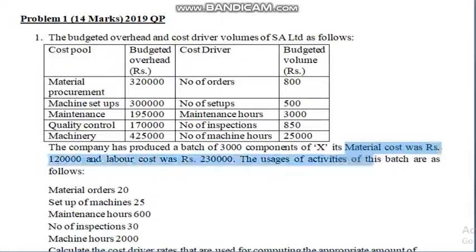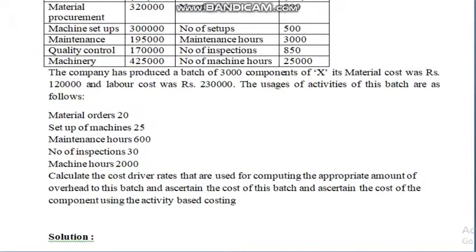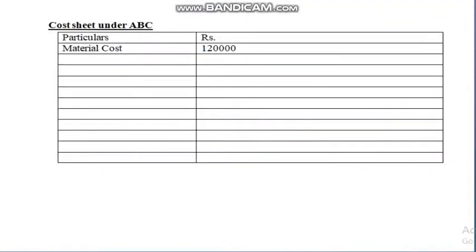So material cost was rupees 1,20,000. Then the cost of labor. How much labor cost? 2,30,000. So labor cost is 2,30,000. Now add activity cost.